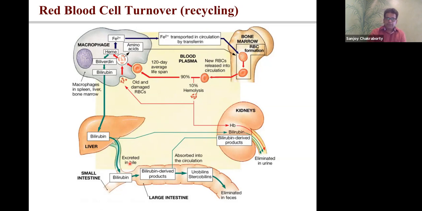Emulsification of fat takes place in the small intestine, where the liver secretes the bile, which is made from the bilirubin molecule. These are metabolic products of the liver, which can either be eliminated in the feces, or some can be reabsorbed into the system, and some can go to the kidney and be eliminated in the urine. That's why urine and feces both appear yellowish.